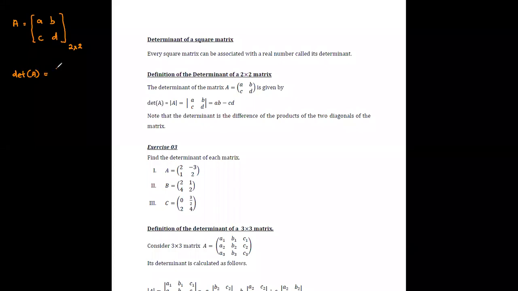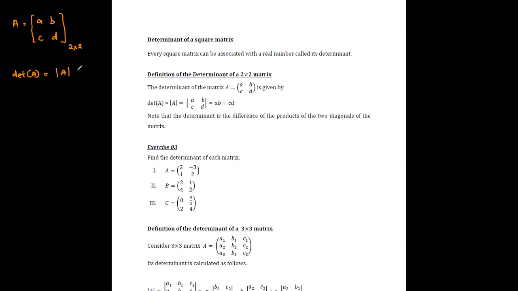Or else you can use what is called the modulus sign. Inside the modulus sign, you can write down the matrix. This can also be used as a notation for the determinant of a given matrix.